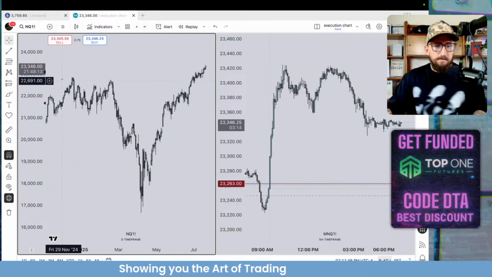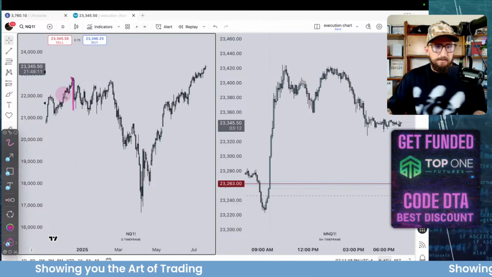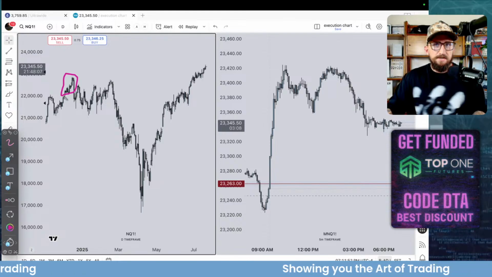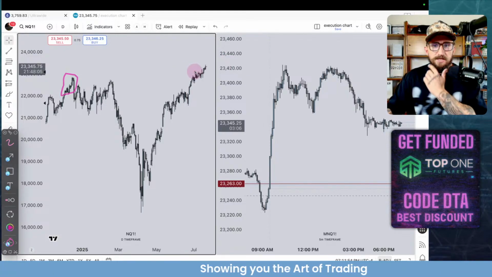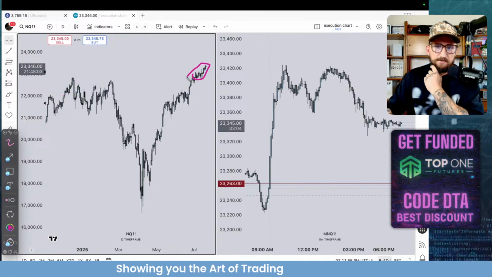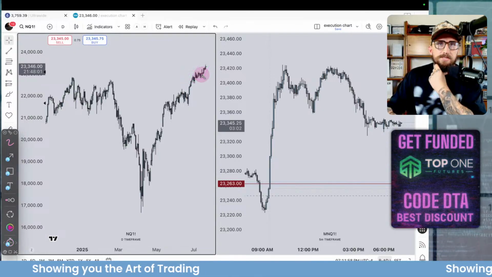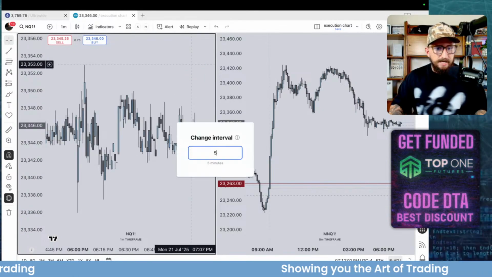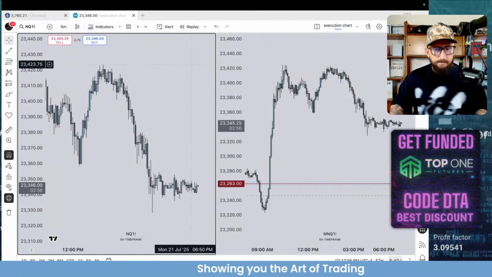That type of action happens out of seemingly nowhere. You cannot tell me that this chart right here, that chart right there, does not look like what we're starting to get right here. So large downside moves can happen, especially if the Fed is going to be yapping, doing their thing.